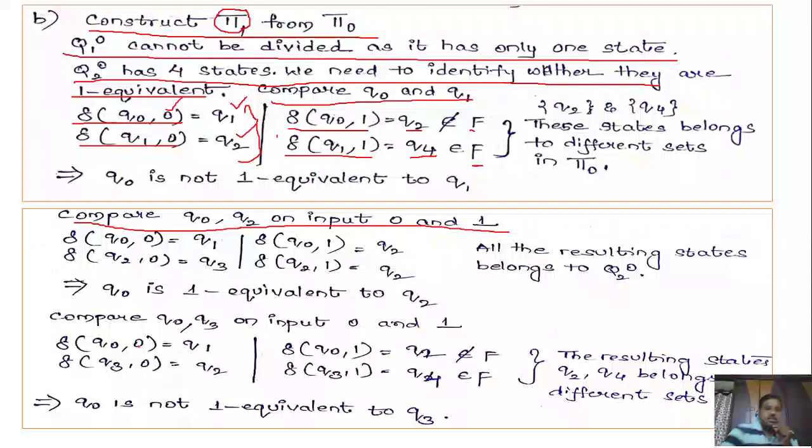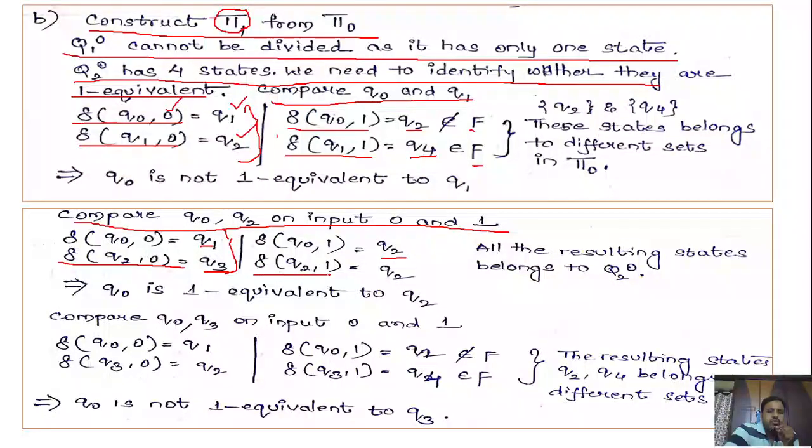Just compare it. Delta of q0 on 0 is going to q1, then delta of q2 on 0 is going to q3, right? So it is satisfying the property that delta of p on w gives a non-final state, and similarly delta of q comma w is also not giving the final state. So they seem to be one equivalent for the input 0. Next we have to check for the input 1. Delta of q0 comma 1 is equal to q2.